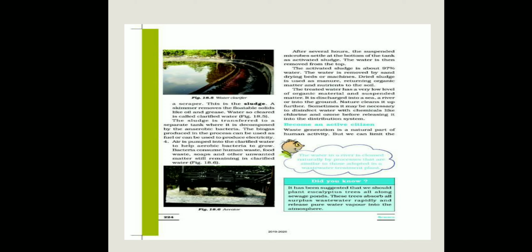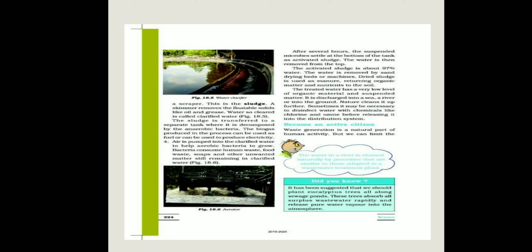After several hours, the suspended microbes settle at the bottom of the tank as activated sludge. The water is then removed from the top. So the waste settles down, that is known as activated sludge, and the clear water can be obtained at the top.